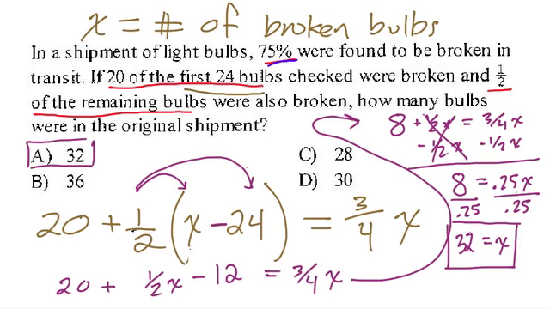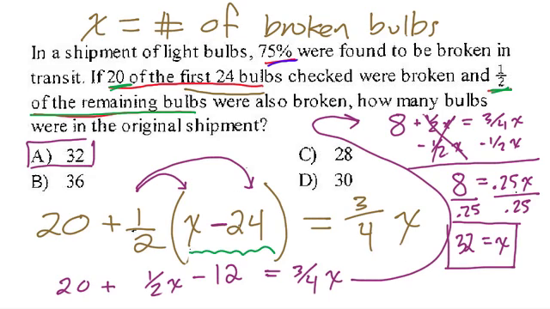And we can check this. You should check it, especially when you're new at algebra, to confirm that your instincts are making sense. We know that 20 of the first 24 bulbs were broken, and then 1/2 of what remained was also broken. So if we check 24, what's the remaining amount?